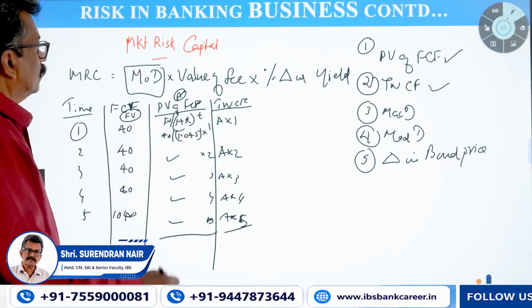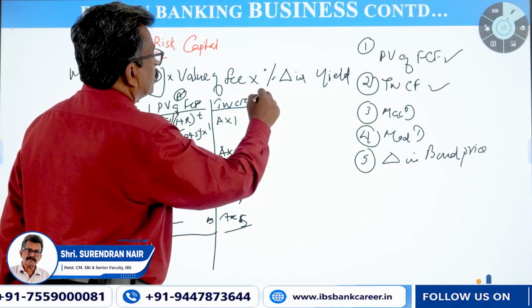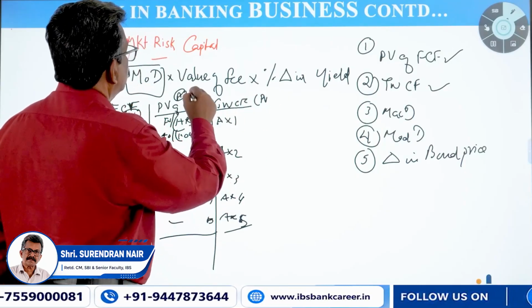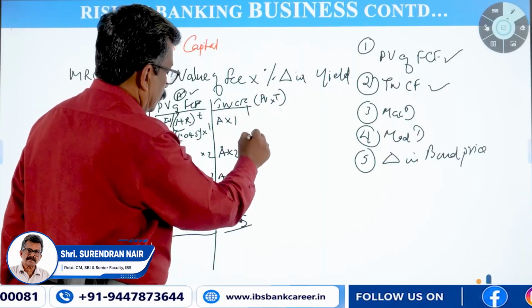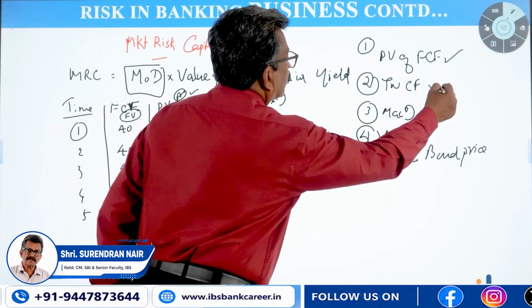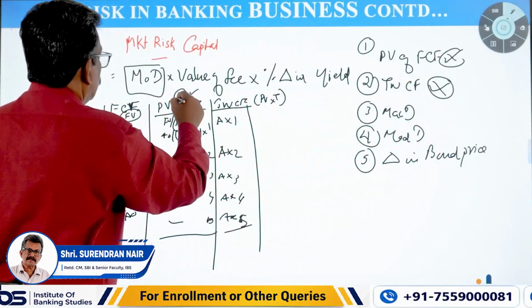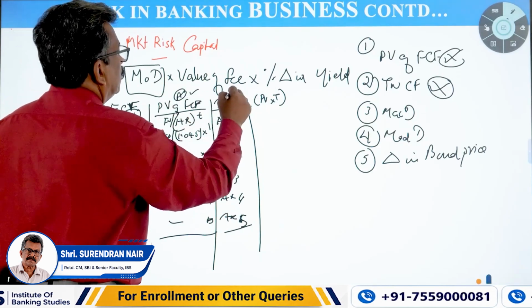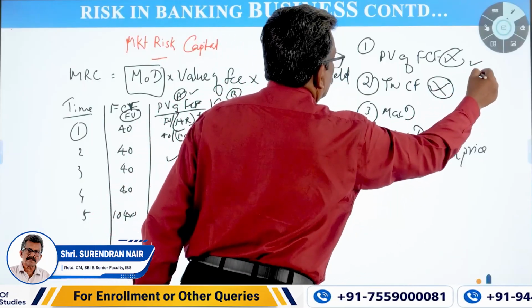So PV into time period gives the time weighted cash flow, that is the present value into time period. So you got a total. This is the total time weighted cash flow. These two are over. One we got, this one A, then this one B. This also we got.